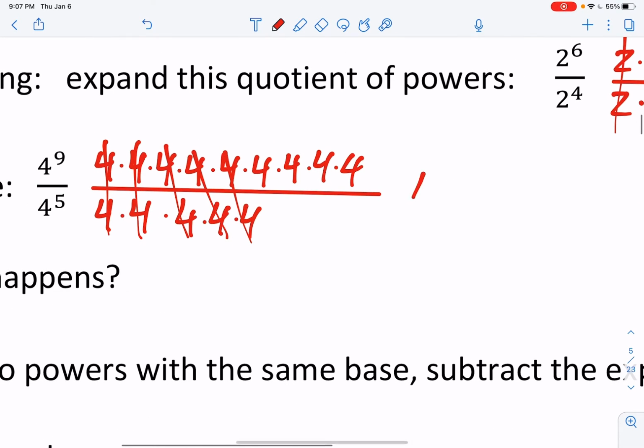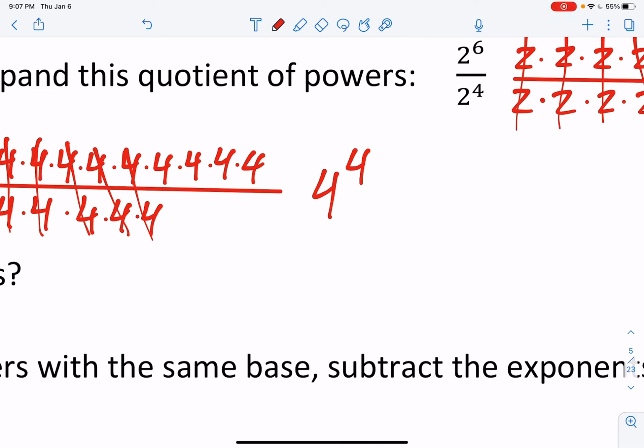So that is 4 to the 4th. 4 to the 4th, 4 times 4 is 16. 16 times 4 is 64, times 4. Oop, gotta check that. Yeah, 256. I almost said 216.